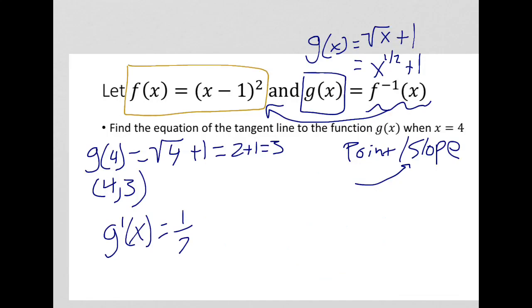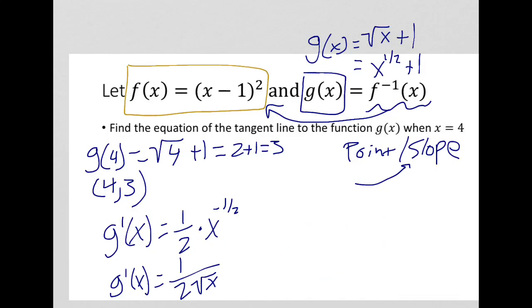So we're going to get 1/2 times x to the power of negative 1/2, because you need to subtract 1 from your exponent. Derivative of a constant term is 0, so the 1 just goes away. And now I'm going to rewrite this a little more professionally as 1 over 2 times the square root of x, because the negative exponent means move it down, and the 1/2 exponent means take the square root.